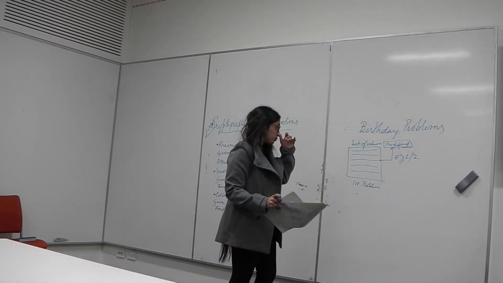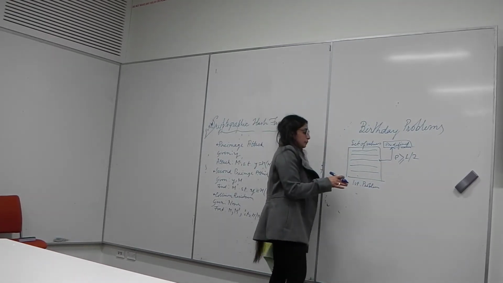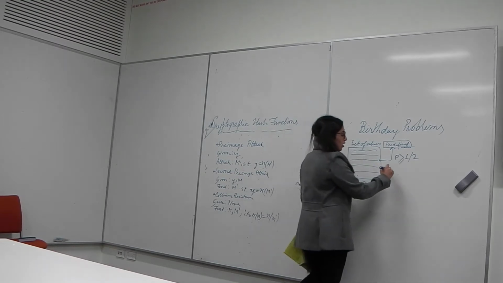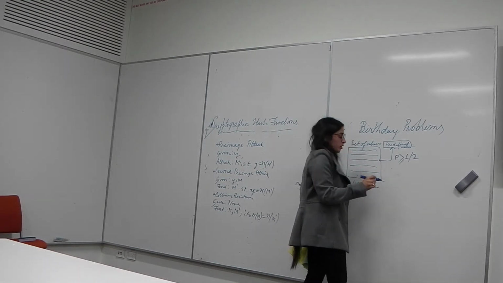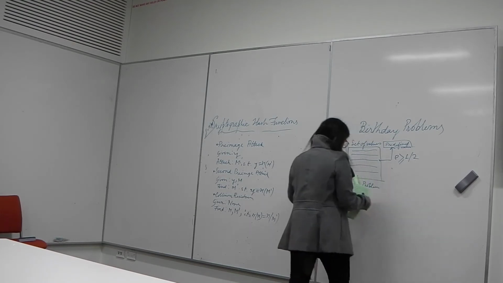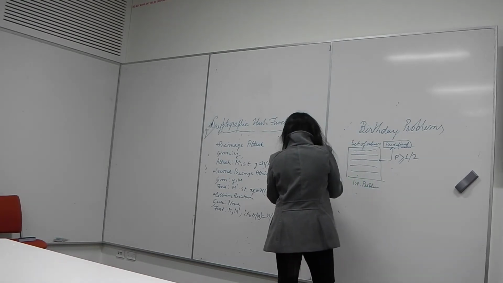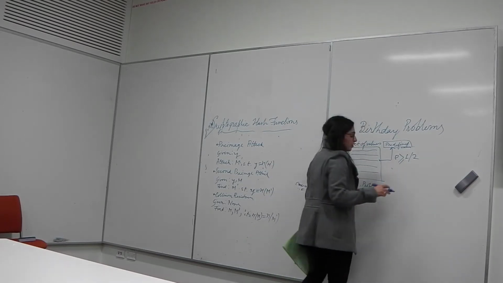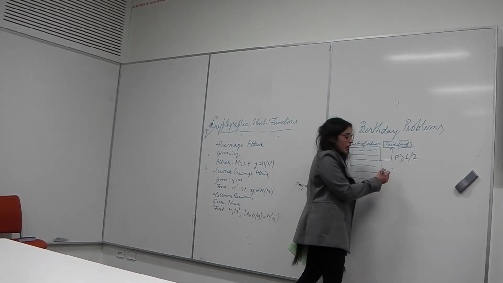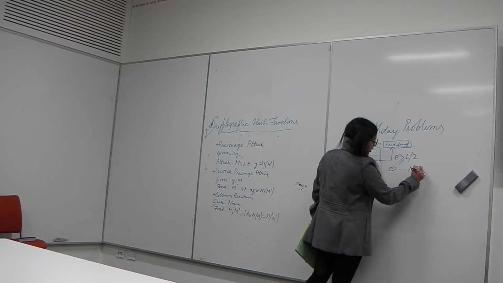So, the thing is that there is a random variable distributed. There is a random variable with n possible values from 0 to n minus 1.